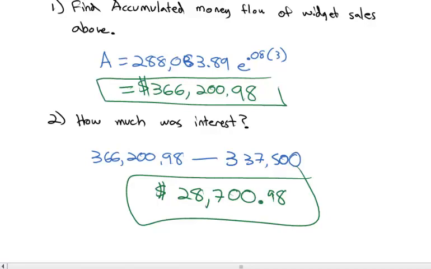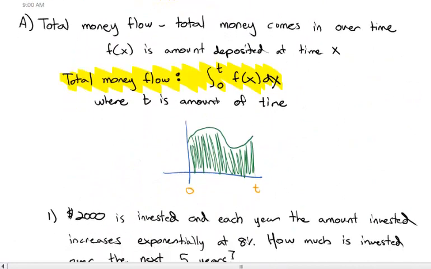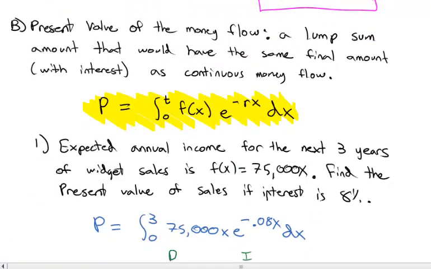So that's our idea of continuous money flow. We've really got 3 equations that we're working with. Total money flow is the integral from 0 to t of f of x dx. That tells us how much money comes in from our sales. Present value of the money flow is the integral from 0 to t of f of x times e to the negative rx.